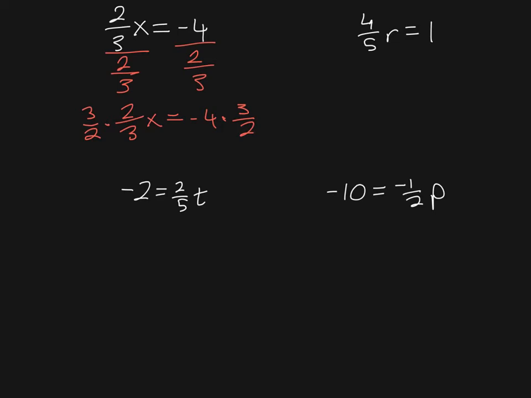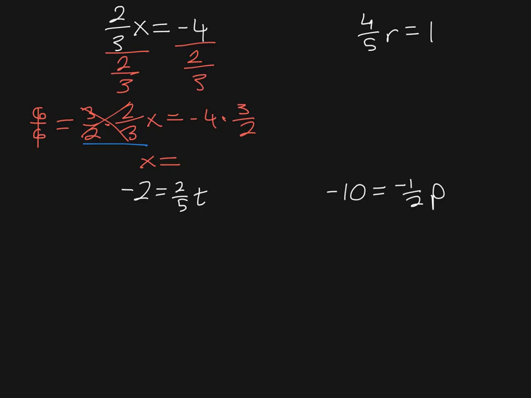Now, if I multiply these fractions over here, 3 times 2 is 6, and 2 times 3 is 6. So we get 6 over 6, which just equals 1. So these fractions cancel out, and we're left with 1x, which is what we want. We want to get x by itself.